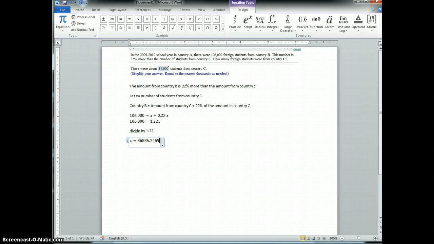And then it says round to the nearest thousand. So we're going to go to the thousand place. That's this one right here. Look at the number to the right of it. Is it 5 or higher? Yes, it is. So when we round this answer, x equals 87,000. And you can see that that's the number we had up there.